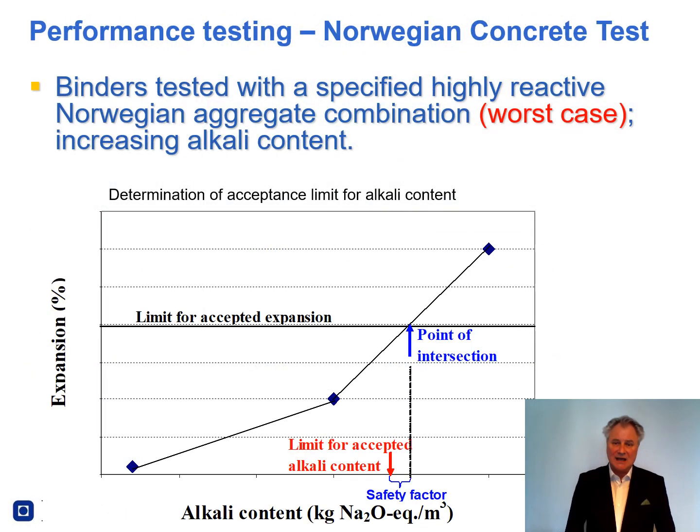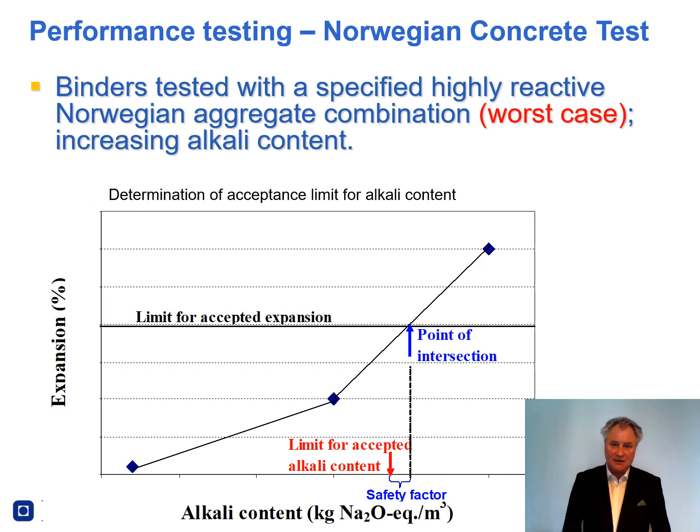But in Norway, we also have been introducing the performance testing concept. So we have taken the worst case aggregate we know about in Norway. It is cataclysite, which is reactive, relatively highly reactive. And then we are making this test with different binders.